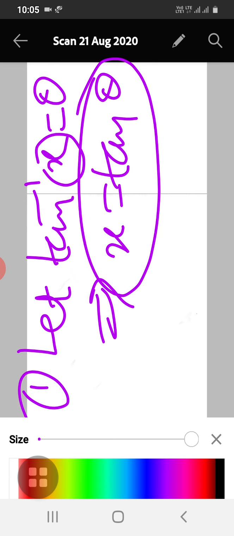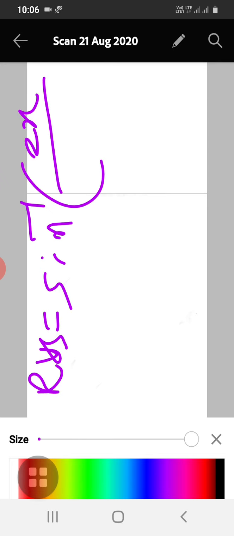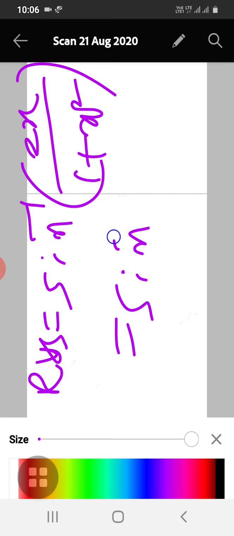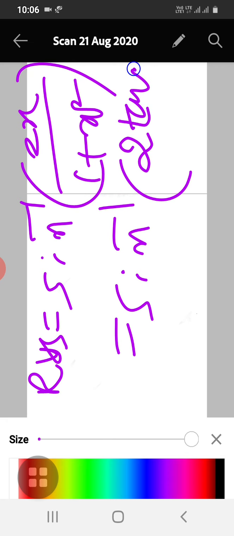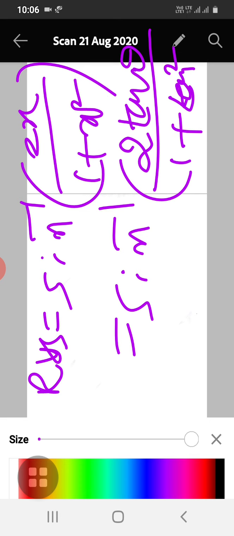So I replace x by tan theta. Now consider the right hand side. That is sin inverse of 2x divided by 1 plus x square. So I can replace this: 2x means 2 tan theta, divided by 1 plus x square, and x square means tan square theta.